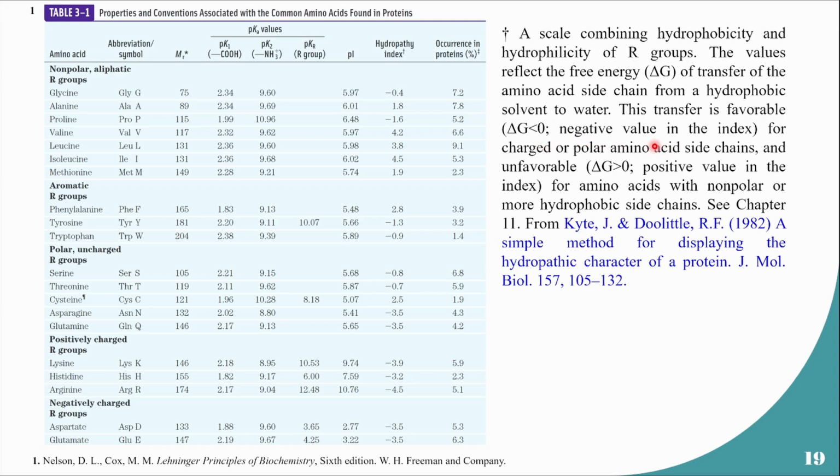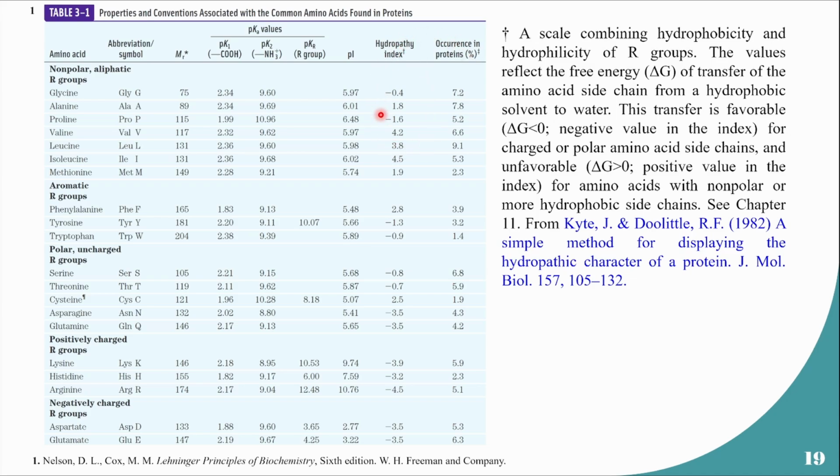So that is one concept being applied here. For the charged or polar amino acids it will be favorable, and for the hydrophobic ones it will be unfavorable, which is indicated by positive values.